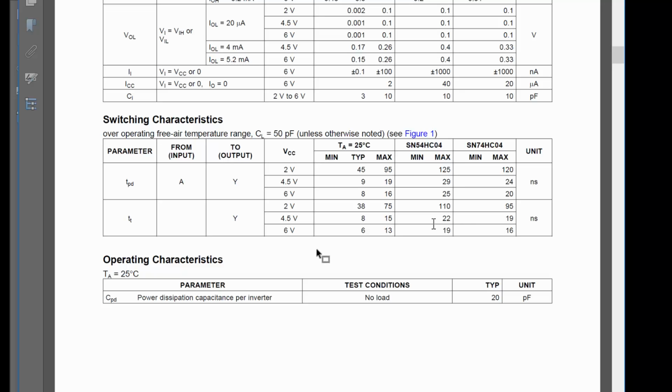Another thing we are interested in is how fast this thing would switch. Okay, so switching characteristics, propagation delay is TPD, and if you come over here, you notice that if you power it with 6 volts, the slowest it would ever be, max, is 20 nanoseconds for the time that it transitions. 24 if you power it at 4.5 volts, and then it goes way slower at 120 nanoseconds if you go to 2 volts.